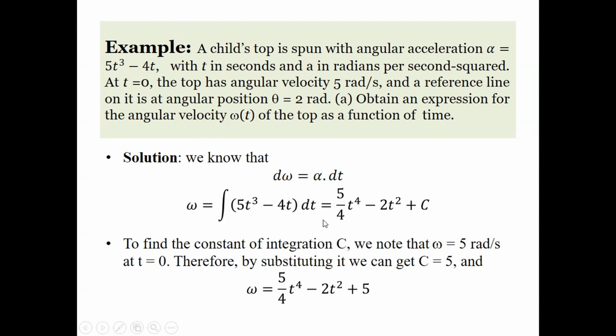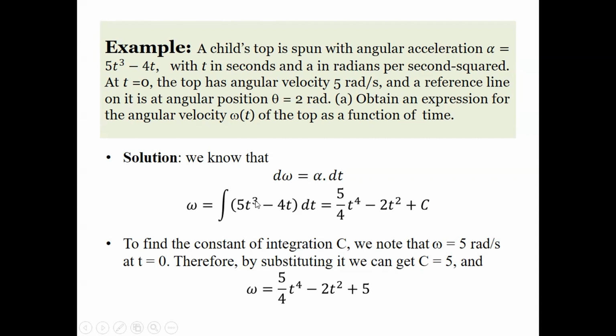We have to integrate t cubed, and whenever there is a power of the variable for which we are doing the integration, the power increases by 1 and the value is also divided.